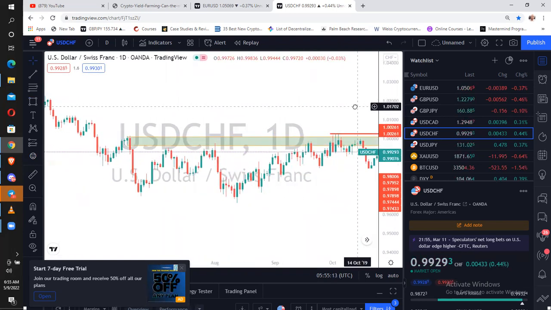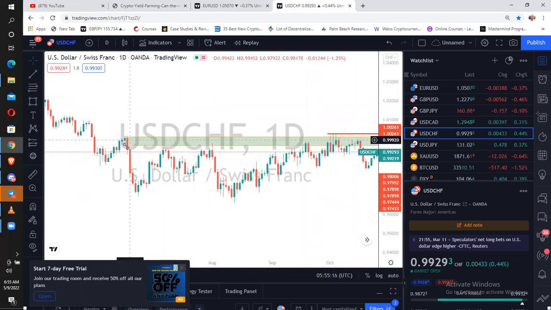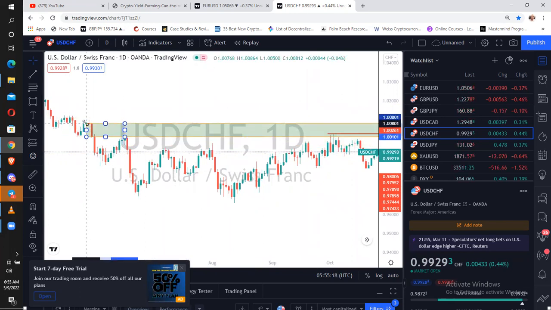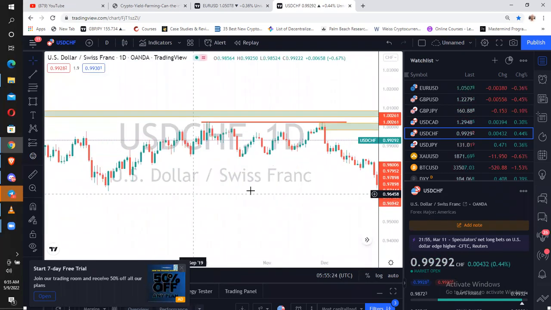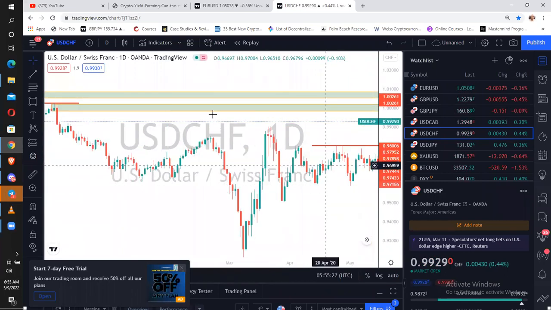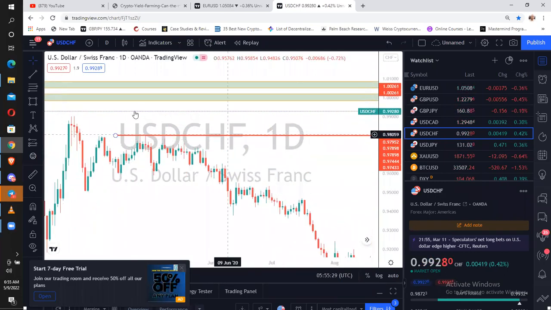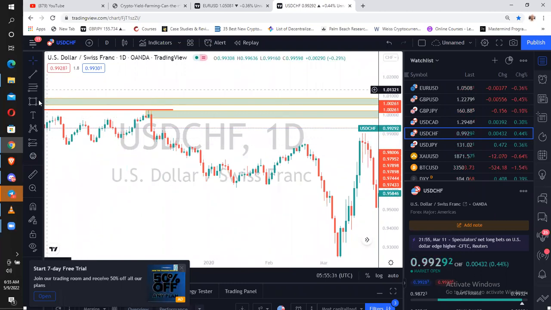It's even intercepted with this. If they sweep liquidity, this is where they are likely to. So here, but if you watch here, there is an FVG here.